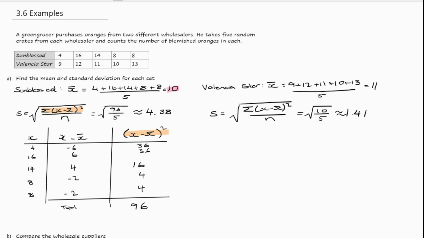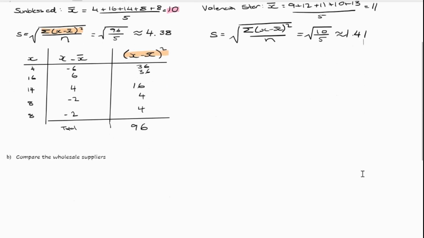Now, the other part of this question asks us to compare our wholesalers. The main things we're looking at comparing are our two means as well as our standard deviations.